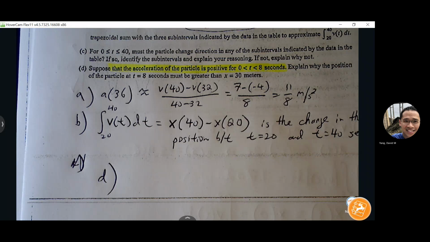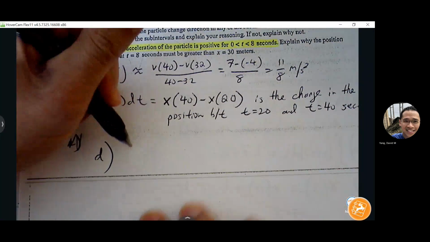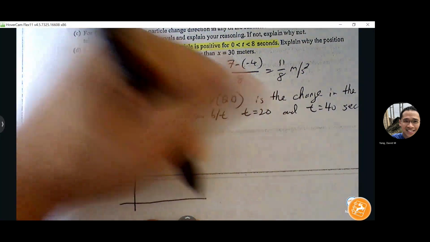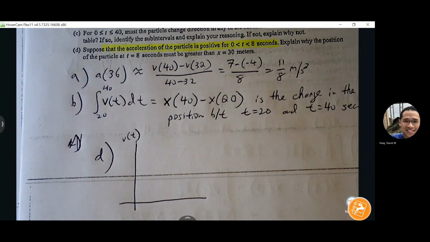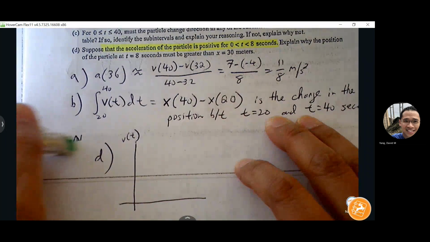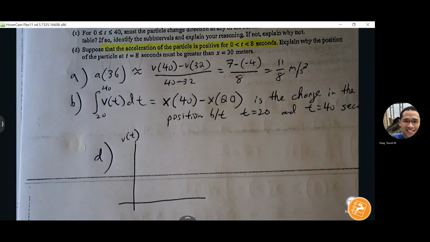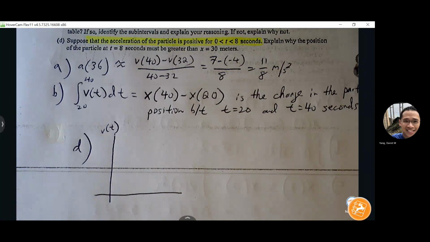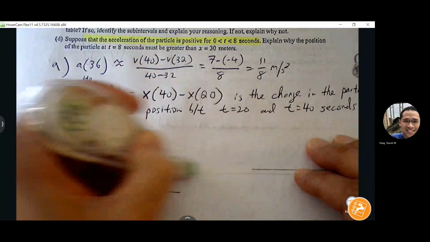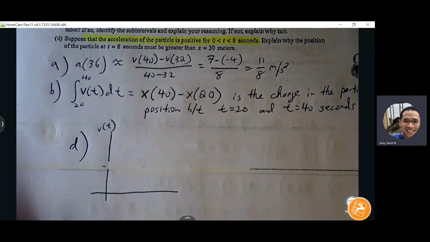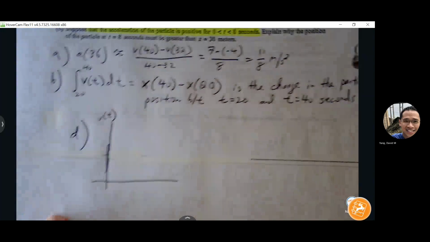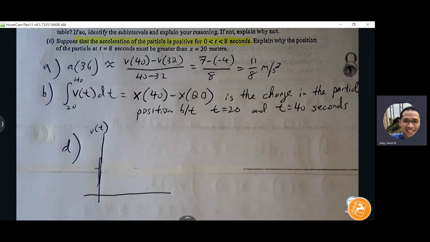Okay. Questions with part C? Okay, part D. And usually on FRQs, part D is a little bit more challenging.